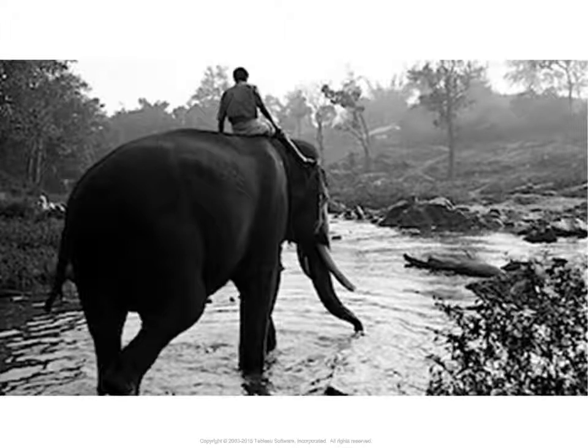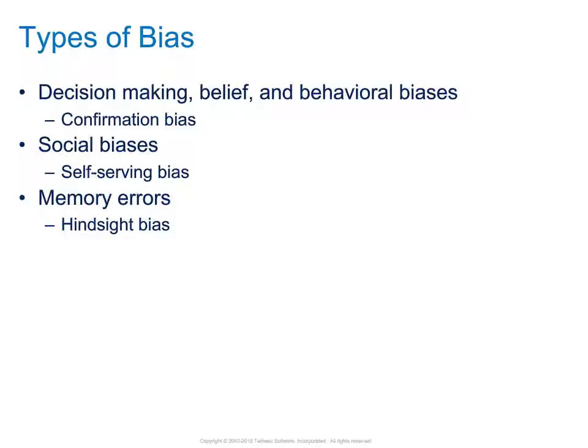There are three main kinds of bias. The big category is decision-making bias, which involves us making decisions, our beliefs, and our behavior, of which confirmation bias is an example. There are also social biases, like the self-serving bias. This is one where we attribute positive qualities to ourselves and negative qualities to others, and that will affect how we interpret the world.